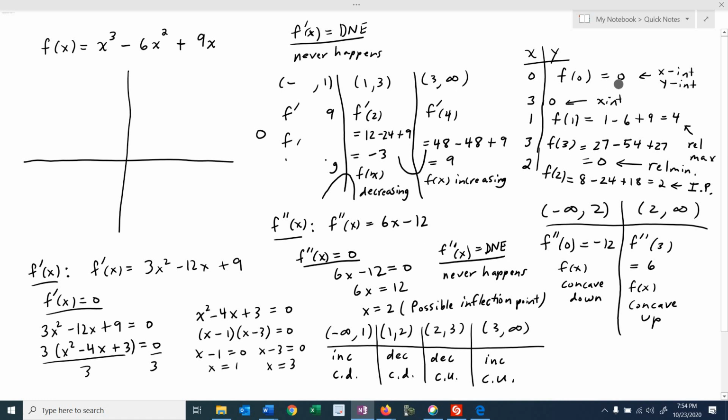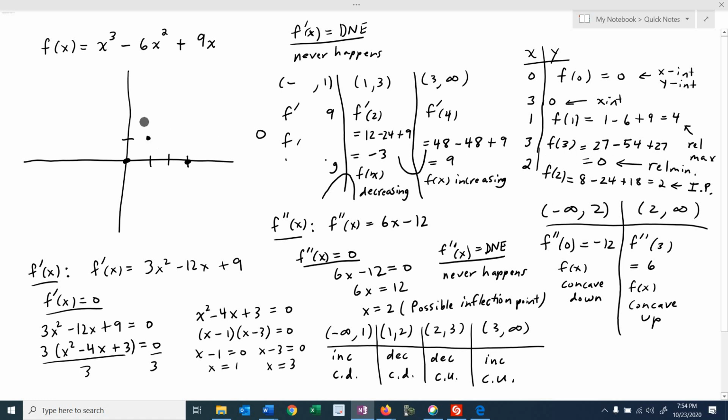Okay, so we have this point here as an x and y intercept, 0, 0. Then we have an x-intercept at 3, 0. 1, 2, 3, 3 zeros right there. And then at 1, 1, we have a relative maximum. Because it's a relative maximum, it's going to have to look something like this.